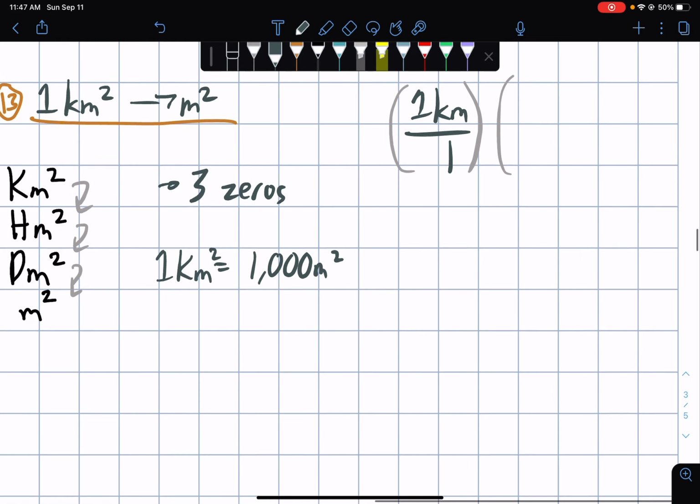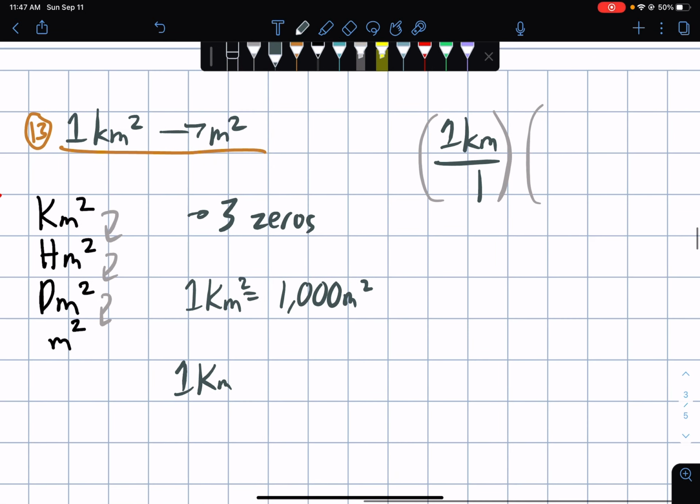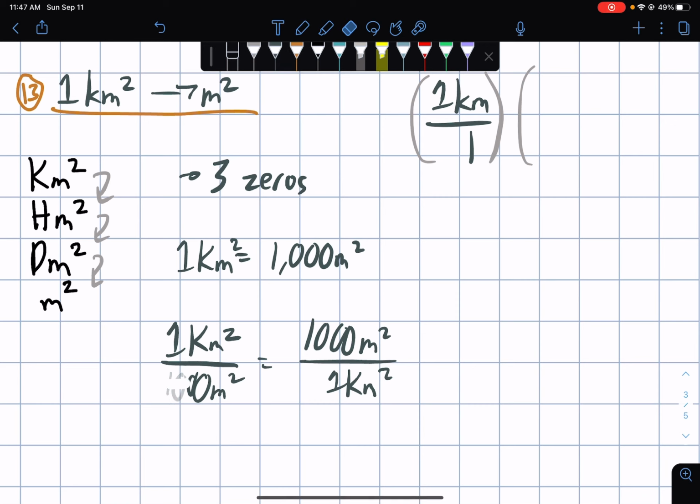So in that particular sense, let's use the long cut method for this particular problem. So 1 km squared, 1,000 meters squared, 1,000 meters squared over 1 km squared.